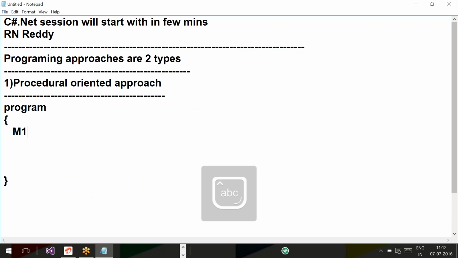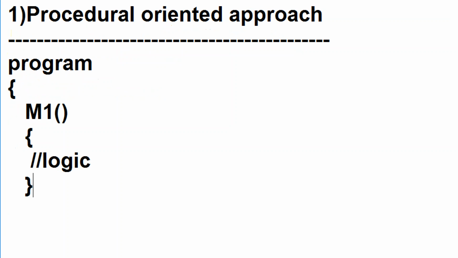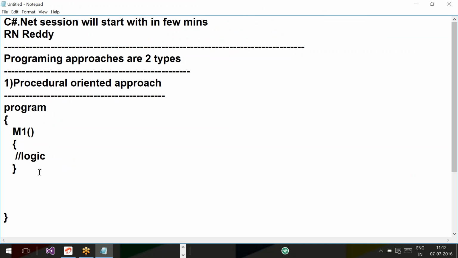First, let's say M1, let's say M2. M1 is a procedure or method which will contain some logic. M1 is the method name, and this is called the signature part. Generally the signature is followed by the method block, which will contain some logic and functionality.